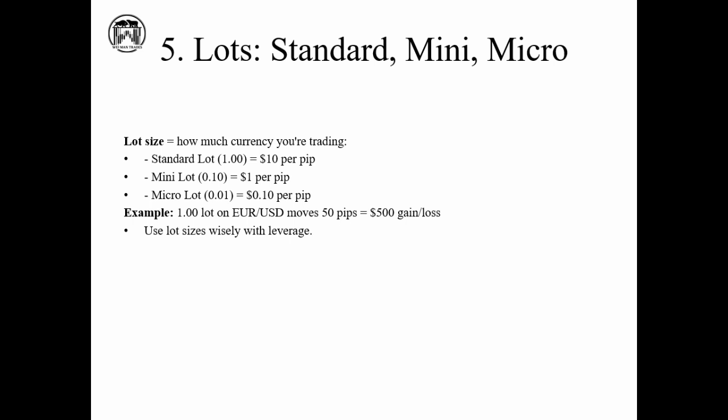Usually on these platforms, you'll start from a micro, 0.01 being the smallest lot. So if you use, for example, 0.05, that means you're also risking more. It's a unit of risk. All this will make sense the moment we start looking at charts.